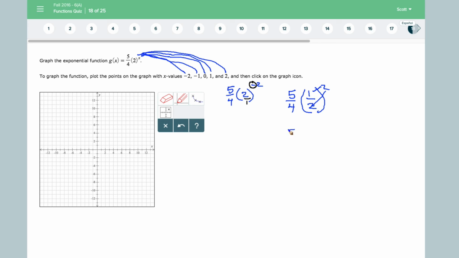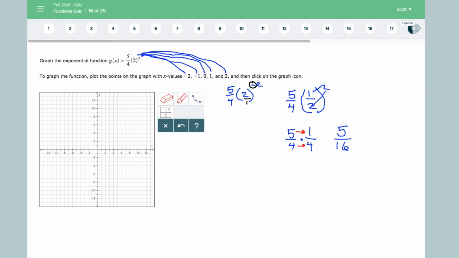So we have 5 over 4 times, what's 1 squared? 1. What's 2 squared? 2 squared is 4. And when you multiply fractions, you just multiply straight across. 5 times 1 is 5. 4 times 4 is 16.